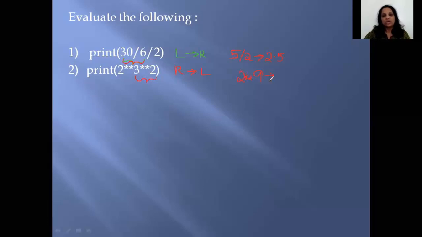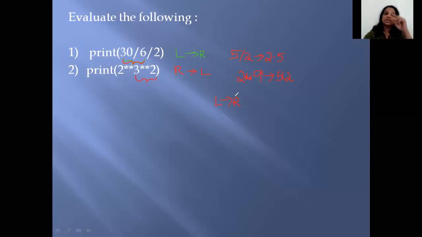And 2 raised to 9 is nothing but 512. Okay, but if we had done left to right associativity with exponent, let's see whether we would get the same answer. 2 raised to 3 would have been 8.